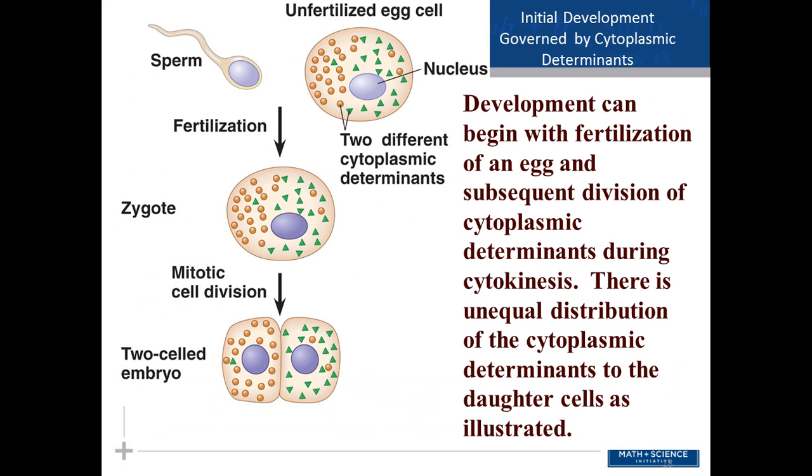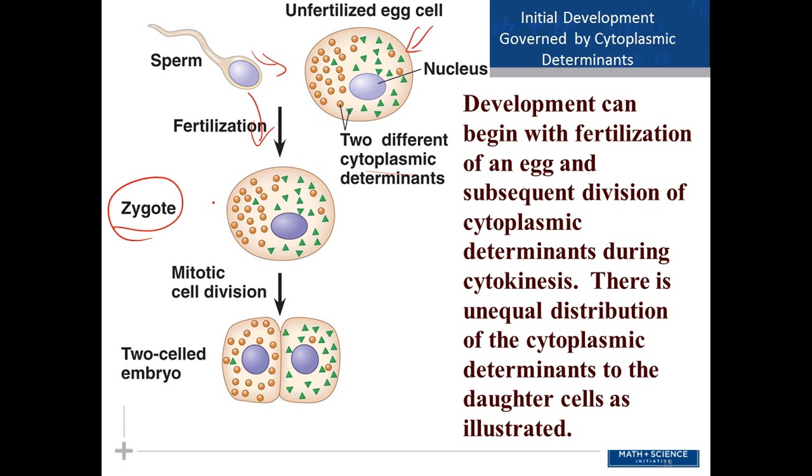So here we have an unfertilized egg, and here's a sperm cell. And what you can see right away in that unfertilized egg is that there are two different kinds of cytoplasmic determinants, and they're not evenly distributed within the cell. Fertilization takes place, and so again we have a zygote.